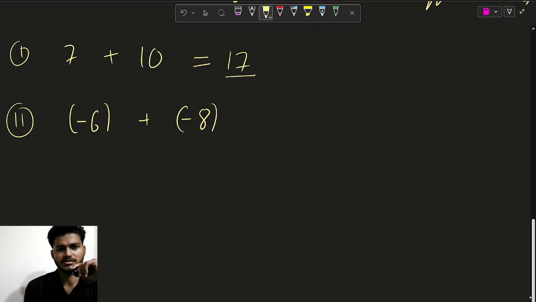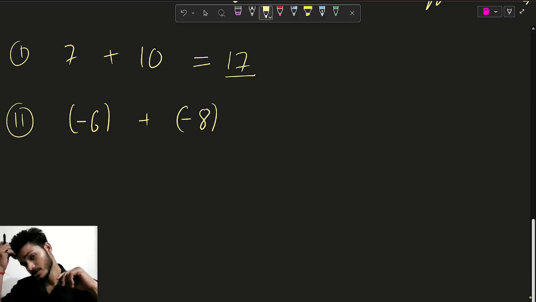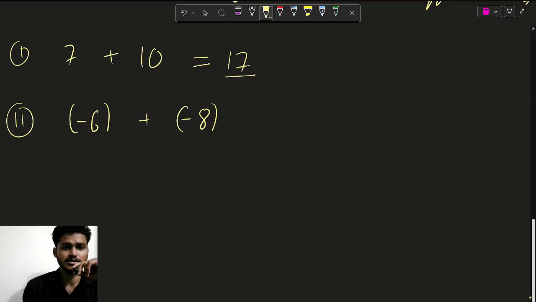Because the sign which represents the negative nature of the integer should not confuse us with this sign, which is the sign of the operation we are going to do. The operation is addition. So this sign represents the operation, and this sign shows the nature of the integer, that either it is positive or negative.